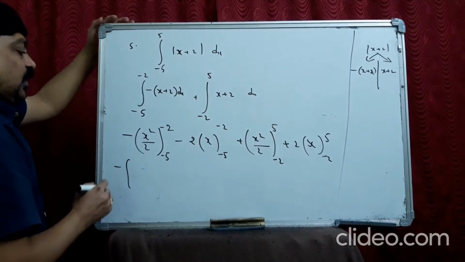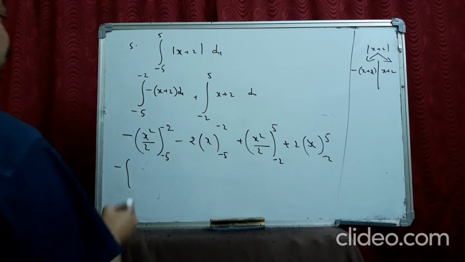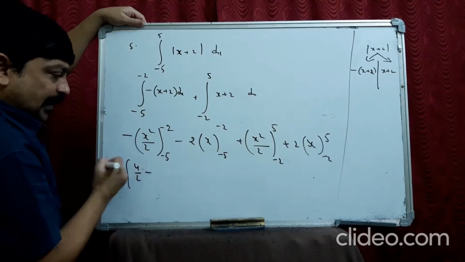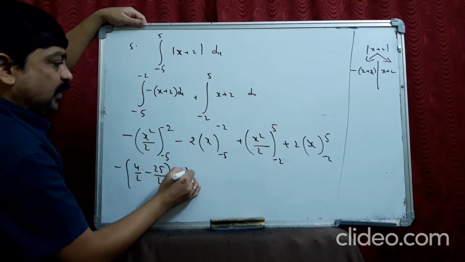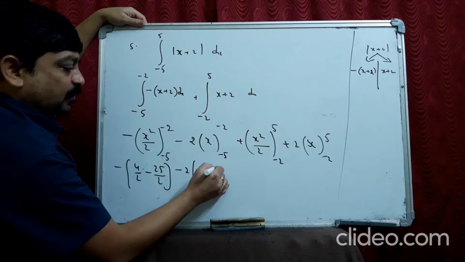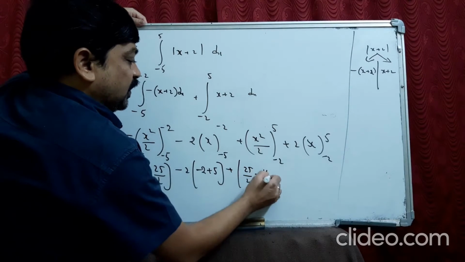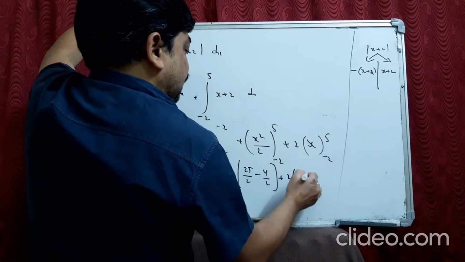So minus of, let us substitute the values. Minus, if I substitute, it becomes 4 by 2 minus 25 by 2. Minus 2 into minus 2 minus 5, it becomes plus 5. Plus it becomes 25 by 2 minus 4 by 2. It becomes 2 into 5 plus 2.